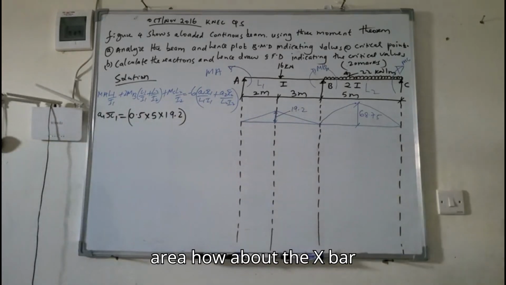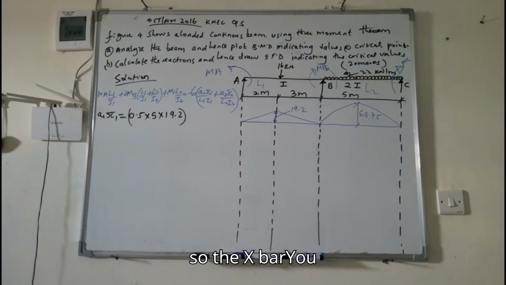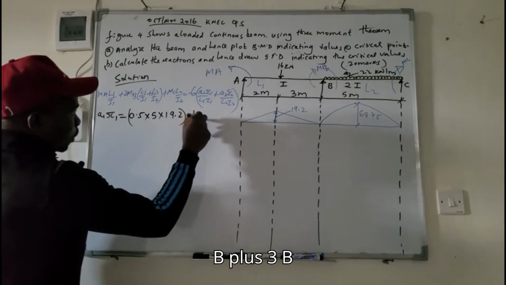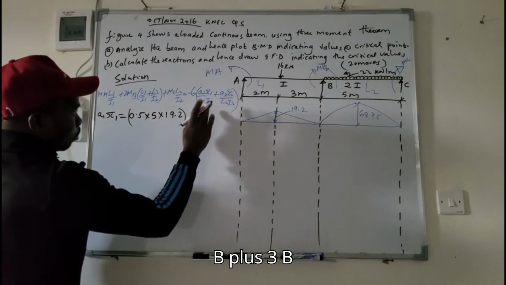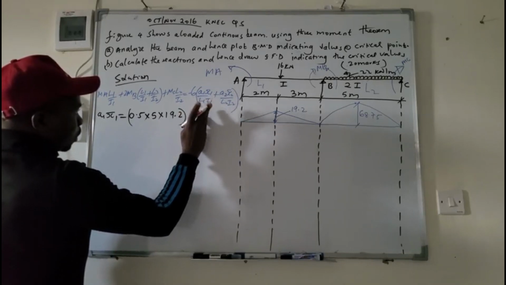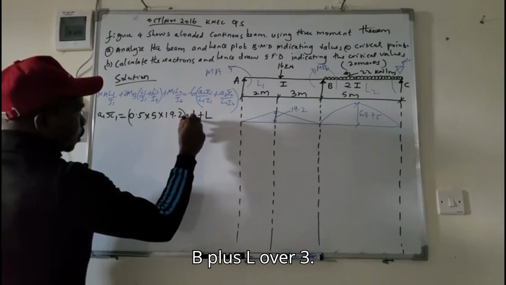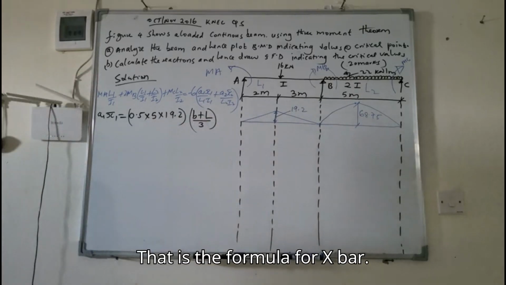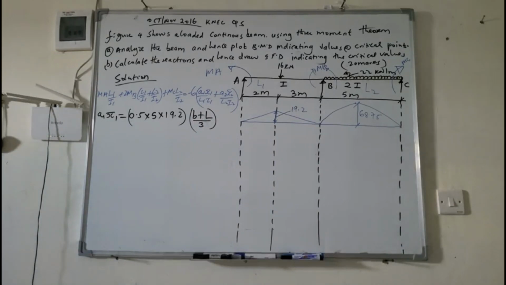Now this is the area. How about the x bar? The x bar, we can use b plus l over 3. That is the formula for x bar.